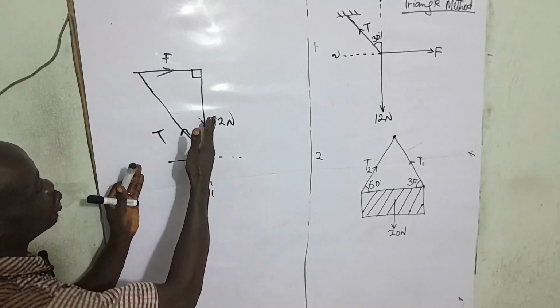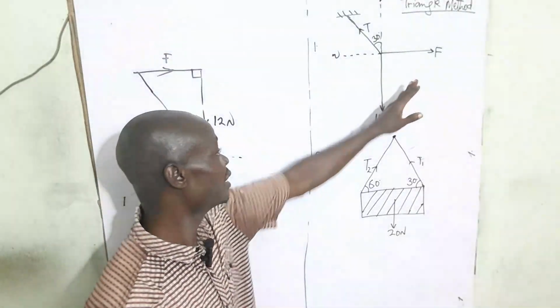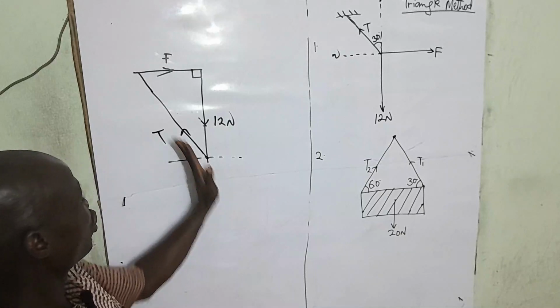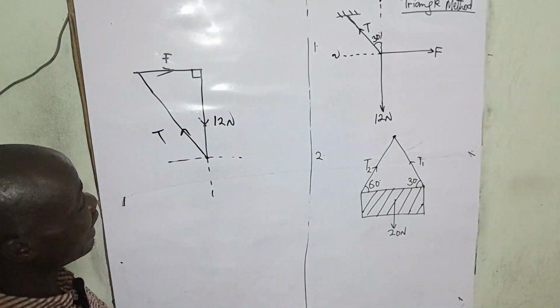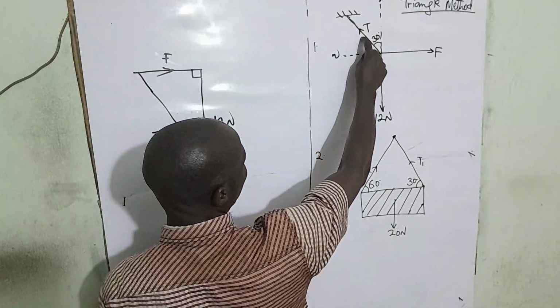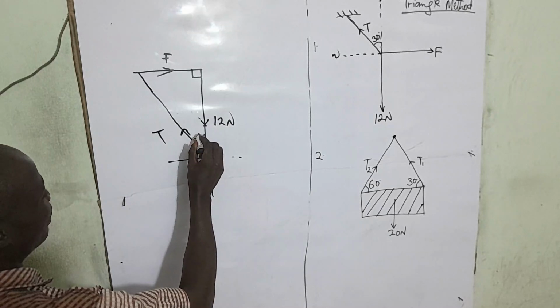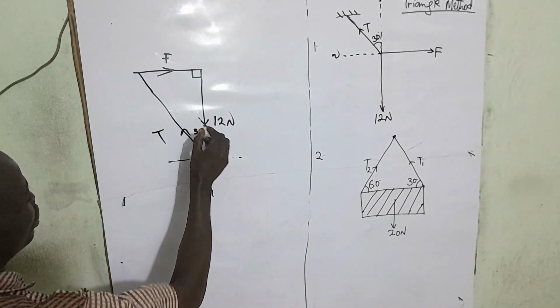When we drew it like this, we can see that this is exactly what's represented here, because the 12 Newton force is acting downward and this one is between north and the west. And the angle between T and the vertical is what? 30 degrees. So we'll just put that down.